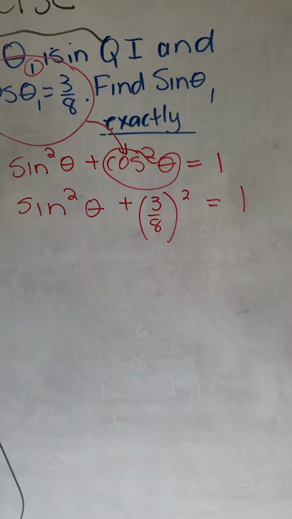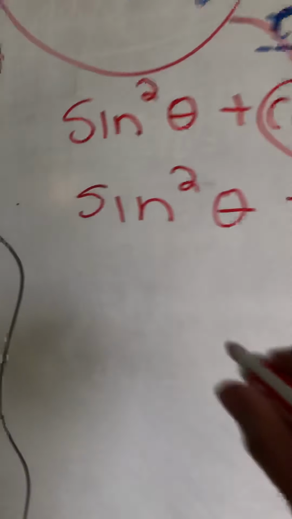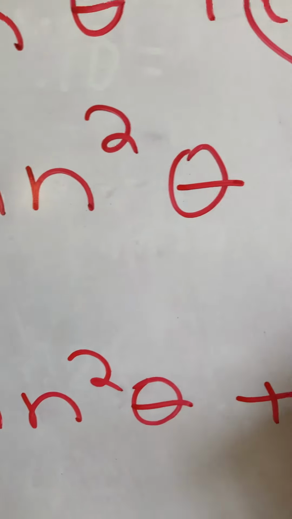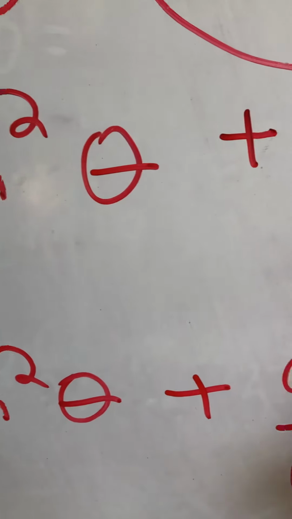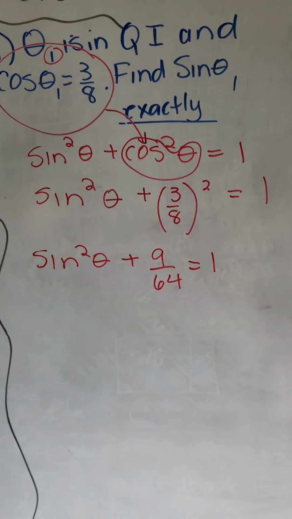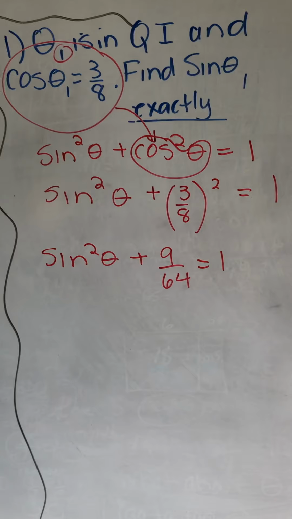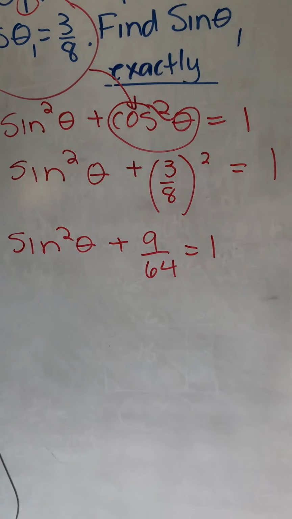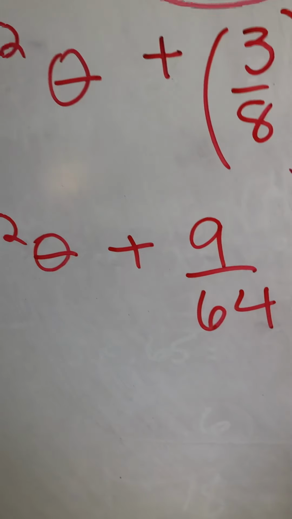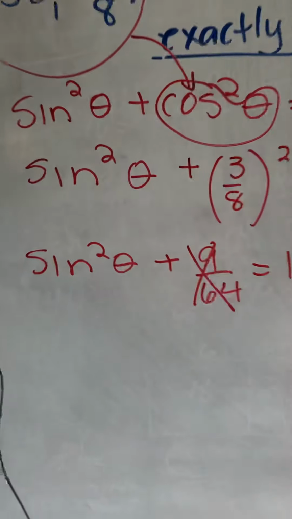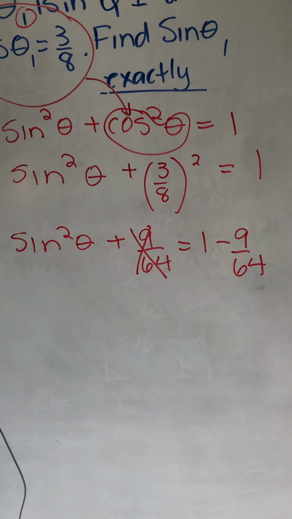All right, let's do some math. Let's square 3/8. There we go. All I did was square 3/8, and I'm trying to solve for sine. So I'm first going to get sine squared alone by subtracting 9/64 from both sides. There we go. Let's do that math.